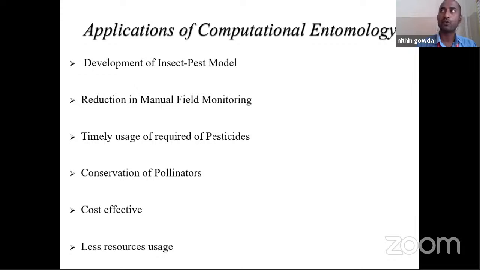If the particular trap or the particular device is capable of identifying the count or the density of any insects which are present, then it will serve as an input for the farmer. So there is no need of simply spraying pesticides. If you simply use more pesticides and fungicides, obviously it will harm the farmers. It will harm the consumers.